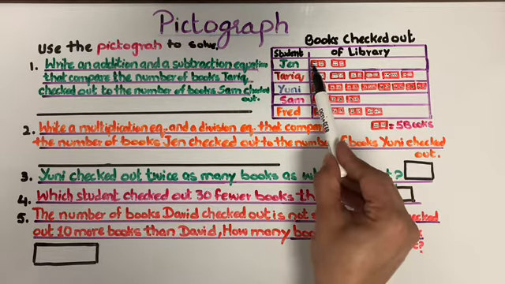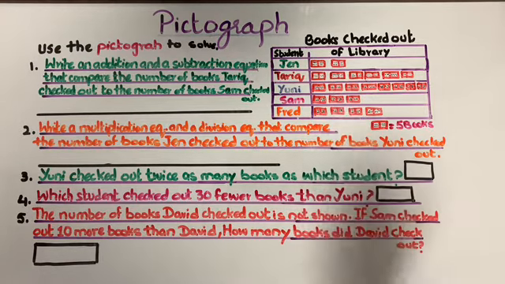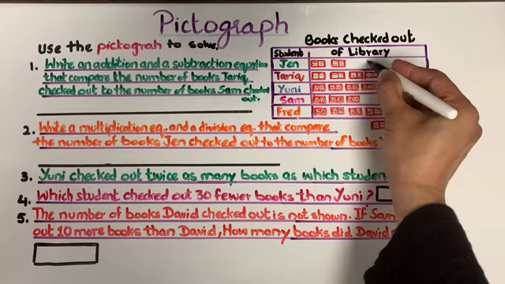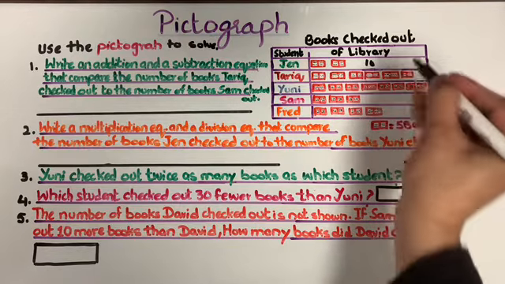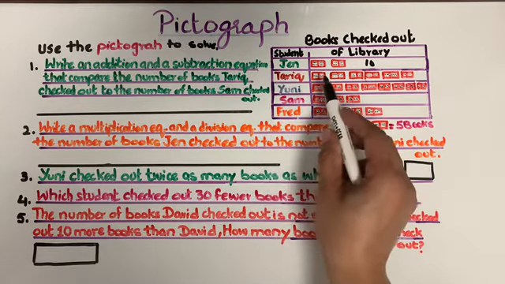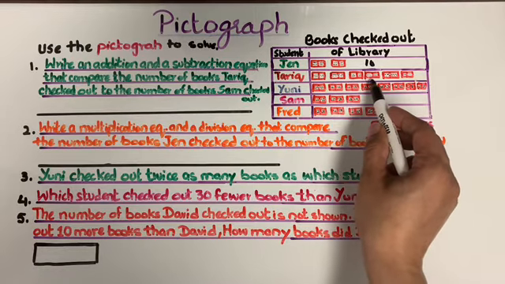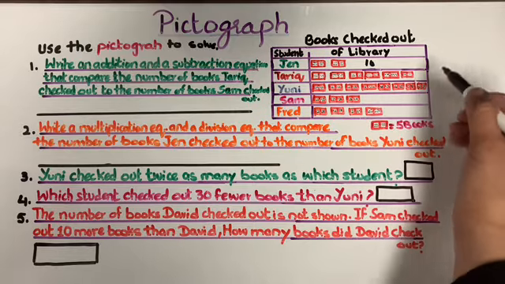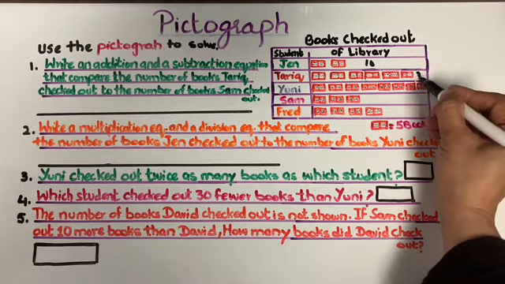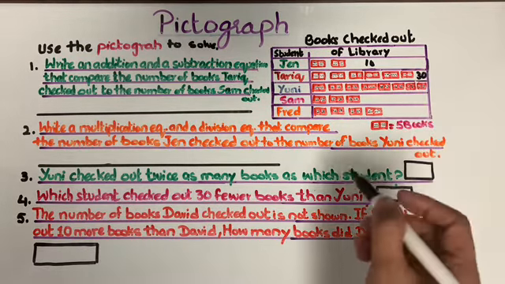So Jen checked out 5 plus 5, 10 books. So I'm going to write 10 here. Tariq checked out 5, 10, 15, 20, 25, 30. He checked out 30 books in a year.